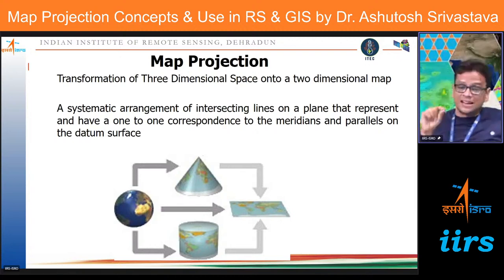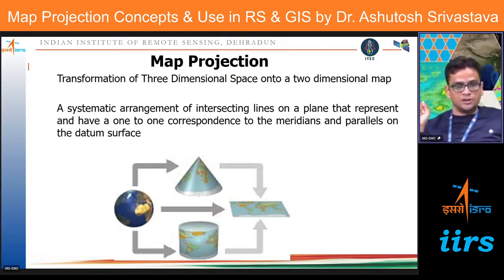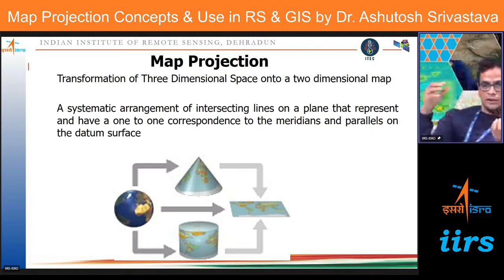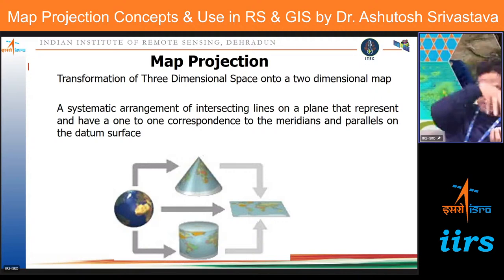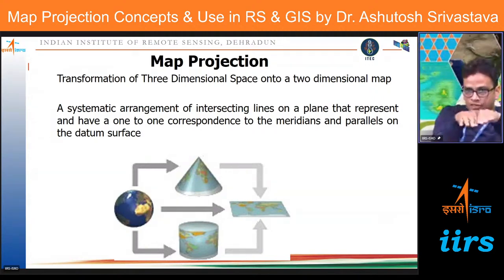It is a systematic arrangement of intersecting lines on a plane that represent and have a one-to-one correspondence to the meridians and parallels on the datum surface. So for the three-dimensional geometry we have taken, we will put a cone over there, and we will just project onto the wall of this cone.